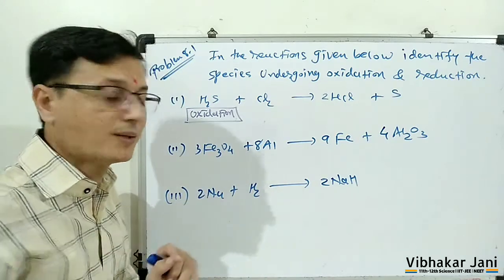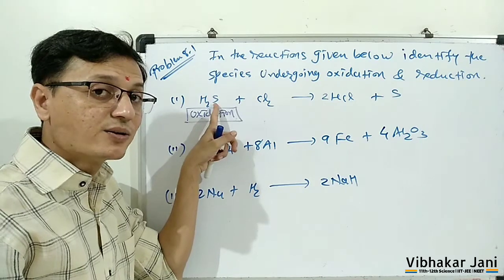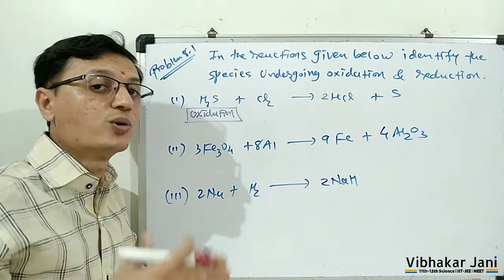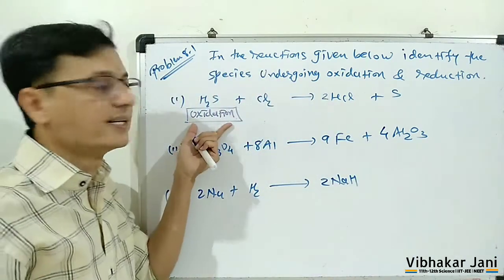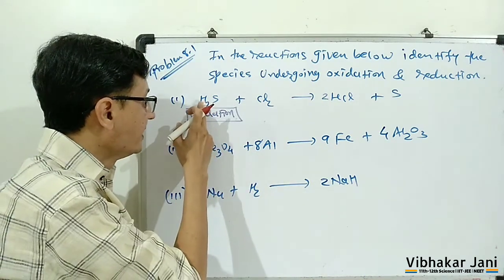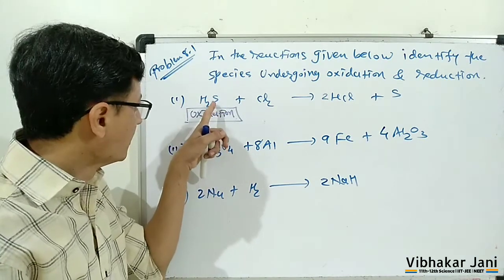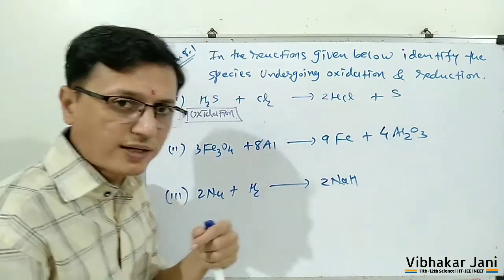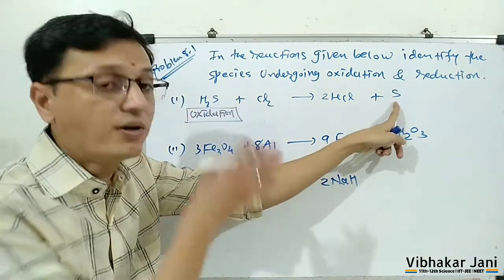Why? Because chlorine is going to be attached with H2S, and as chlorine is an electronegative species, oxidation is occurring. In other words, in H2S, sulfur is attached with hydrogen, but when you see the product, hydrogen is removed from sulfur. Now this is sulfur alone.